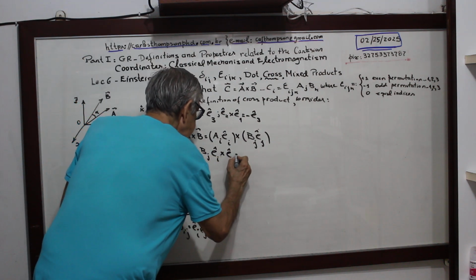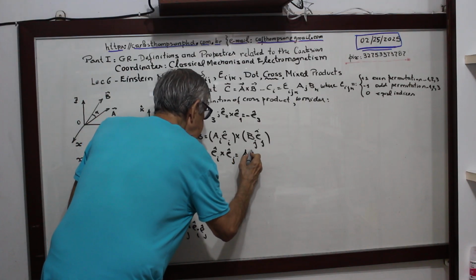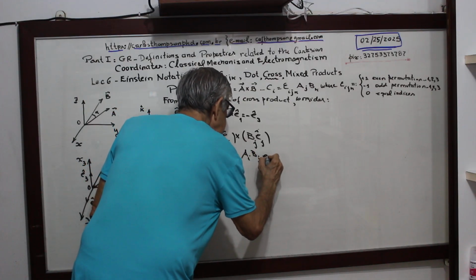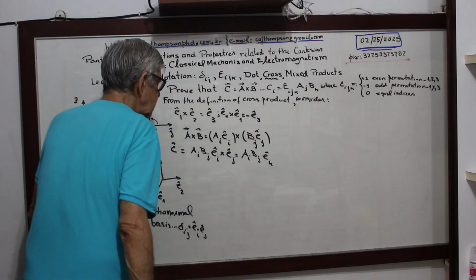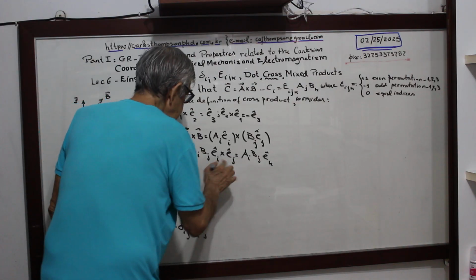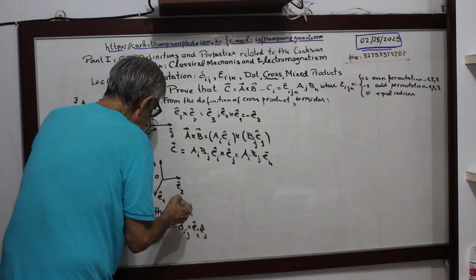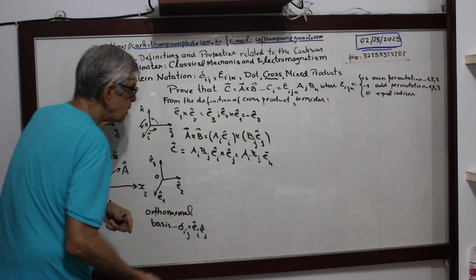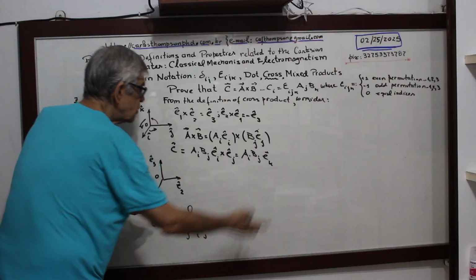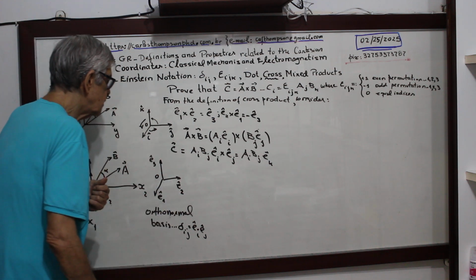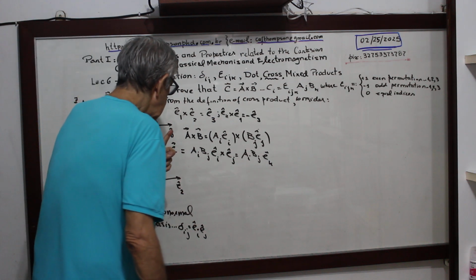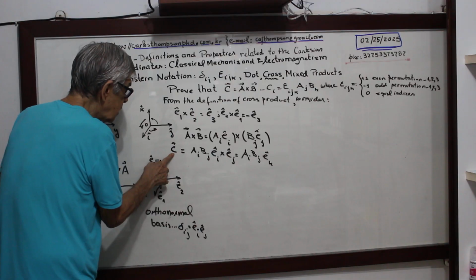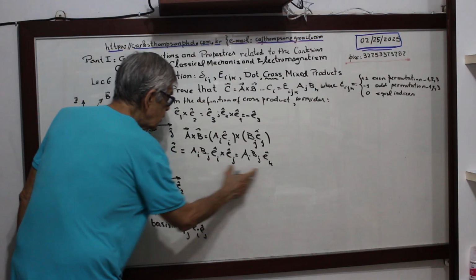This here will be a_i b_j e_k. Because e_i cross e_j is e_k. In this case, i is equal to 1 and j is equal to 2. But what is important, this is a vector C. This is a vector, so vector equals vector.